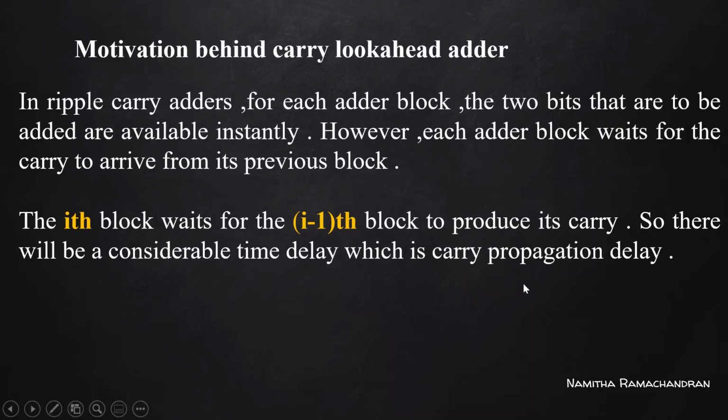So due to this carry propagation delay, a parallel adder circuit takes some time to generate the complete result. This is the cause of the delay, the carry propagation delay.